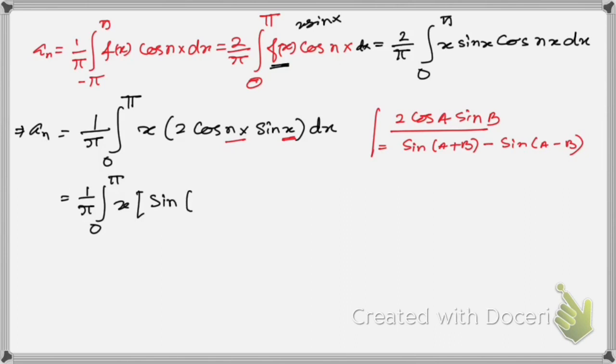So here a plus b is nothing but nx plus x. On taking x common, you're going to have n plus 1 into x, right? Then minus sin a minus b, that means nx minus x, and if you take x common, then you're going to have n minus 1 into x, right? That's what we're going to have. This is dx, right? So till now I hope you have understood this.